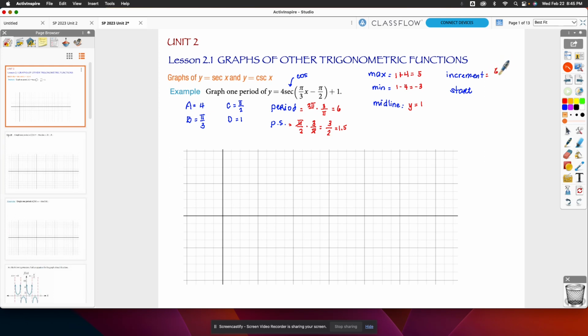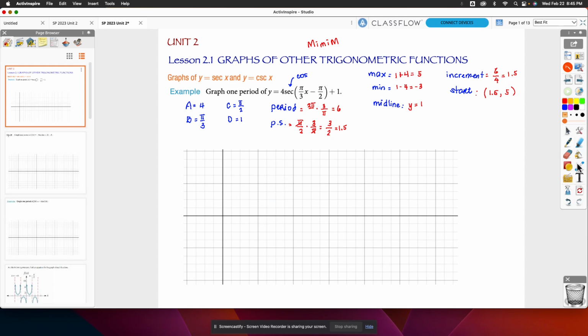Period is 6, 6 divided by 4 is equal to 1.5. Now, our starting point, since we're graphing cosine, the pattern here is maximum, intercept, minimum, intercept, maximum. So your starting point would be at the phase shift, which is 1.5, and the maximum value, which is 5.